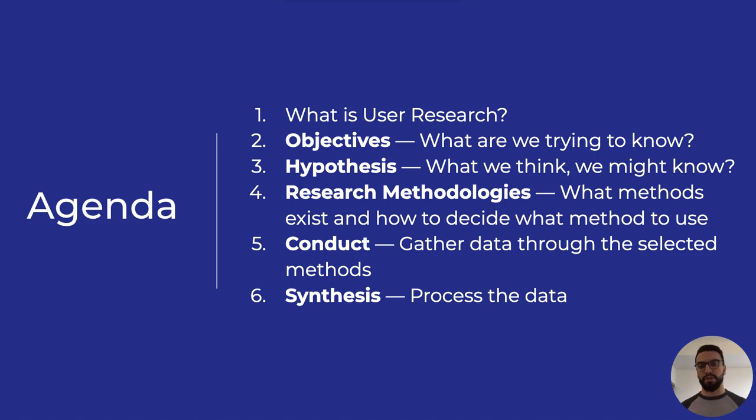So first I'll be talking about objectives, how to define some of your objectives, how to define your hypothesis, what type of research methodologies exist, and how you decide which ones to use and when. Then conducting the actual user research, and at the very end, synthesizing all the data and insights that you get out of it so that you can use it for your team and make it actionable.